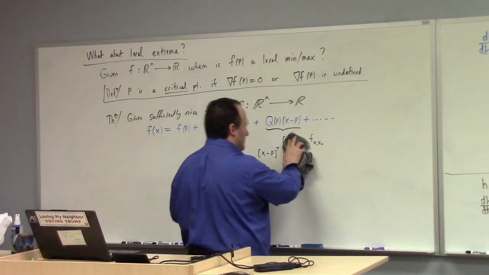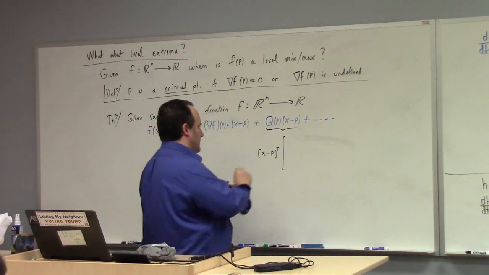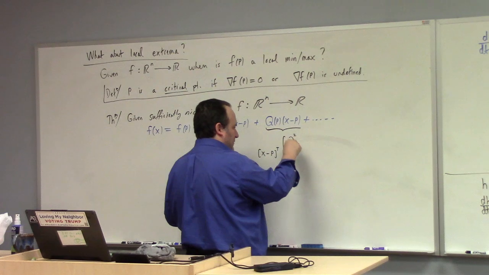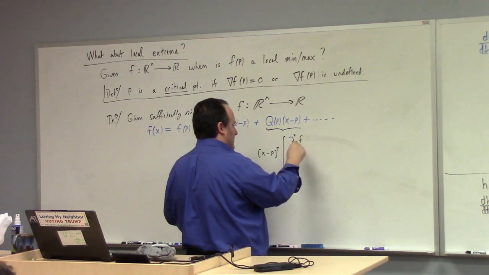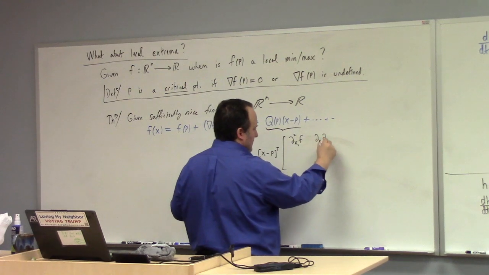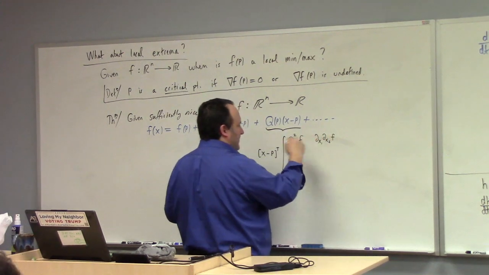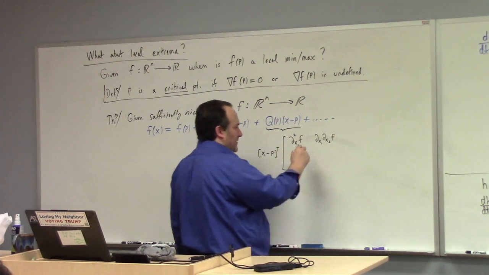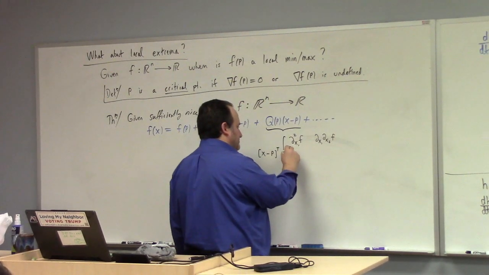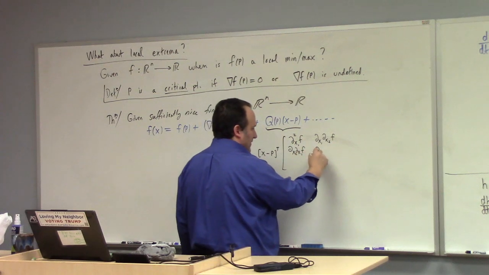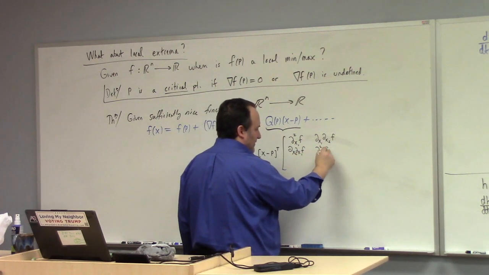The entries are partial x1 squared of f, partial x1 partial x2 of f, and in the next row partial x2 partial x1 of f, partial x2 squared of f. I'm not going to write the of p in here. This is all at p.